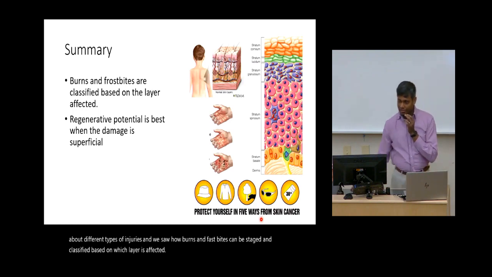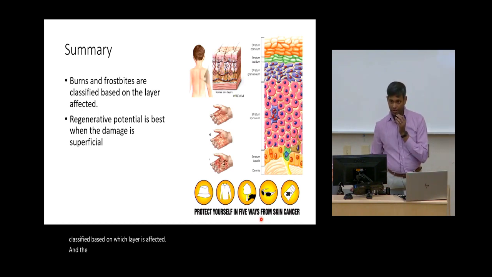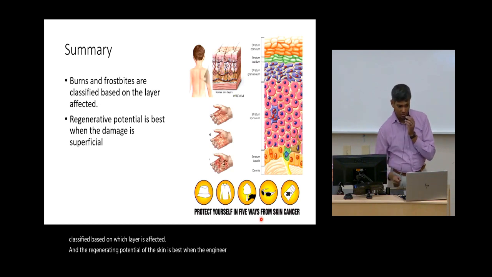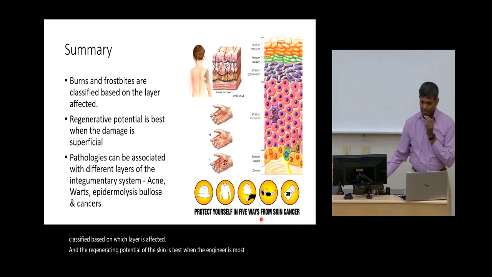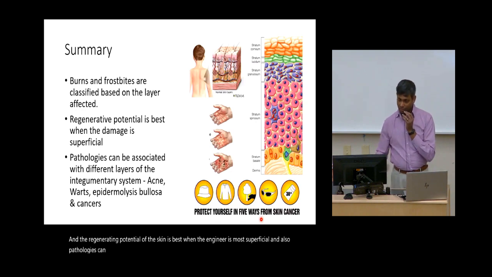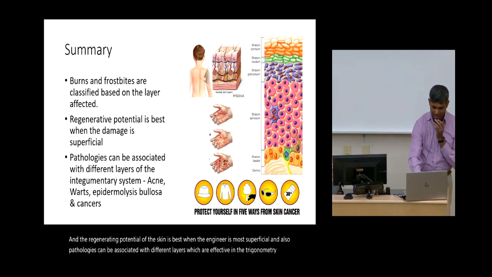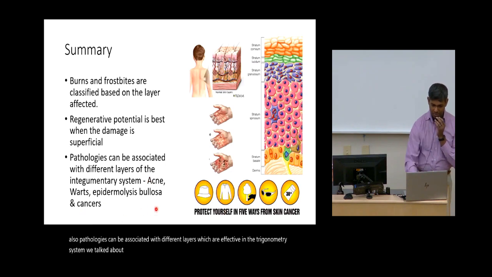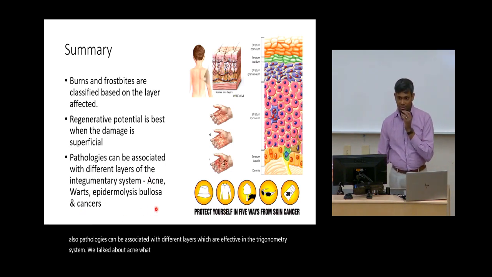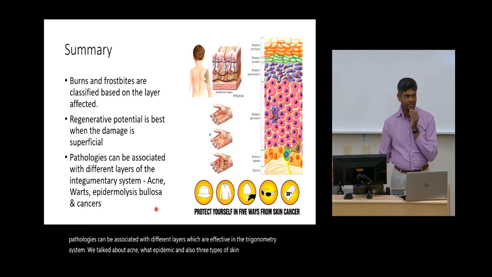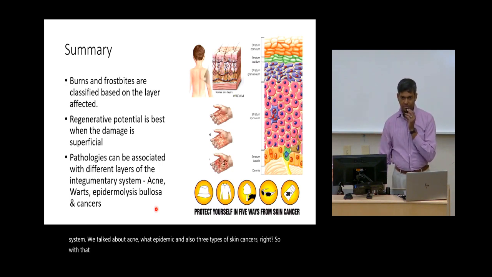And the regenerative potential of the skin is best when the injury is most superficial, and also pathologies can be associated with different layers which are affected in the integumentary system. And we talked about acne, warts, epidermolysis bullosa, and also 3 types of skin cancers. Alright, so with that, we complete the integumentary system, and we can move on to the skeletal system.